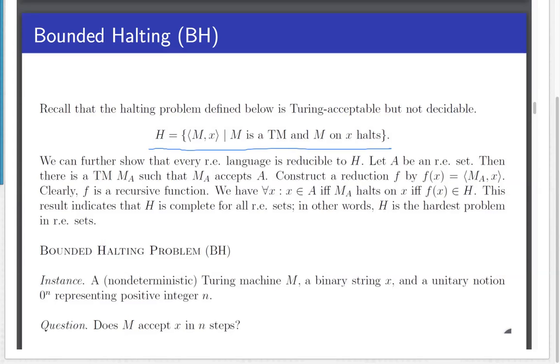So this is a halting problem. The reason I use it is because I'm sure you have seen it in your previous course, Foundations, the undergrad version of Foundations of Computer Science. So the halting problem is like this. You have an encoding, which represents the encoding of a Turing machine. You can think of a Turing machine as a program.